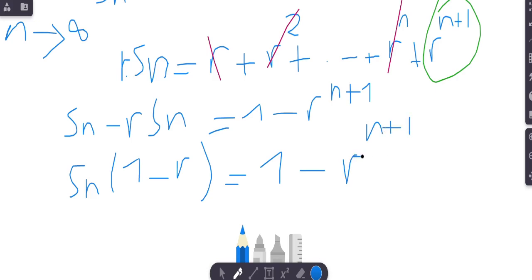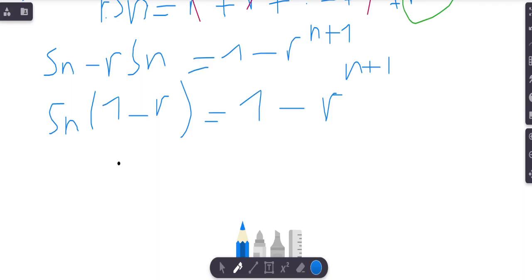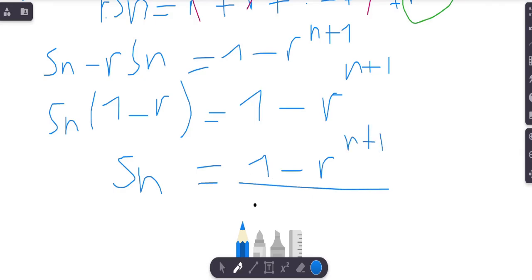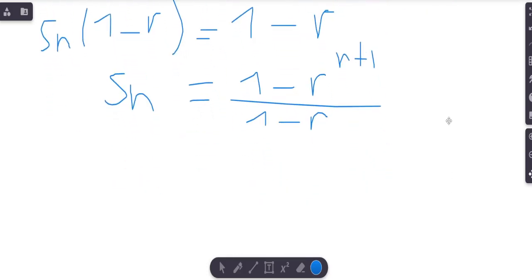And then we can divide both sides by 1 minus r. So we have Sn equals 1 minus r to the n plus 1, divided by 1 minus r. Okay, so now we have an expression of Sn, so it's the sum until n.